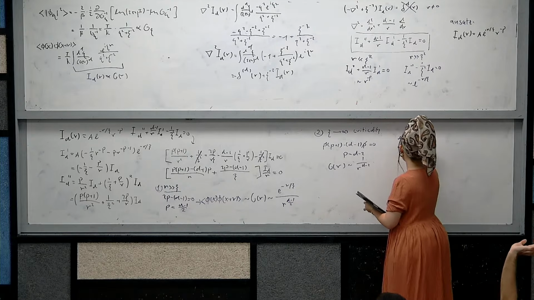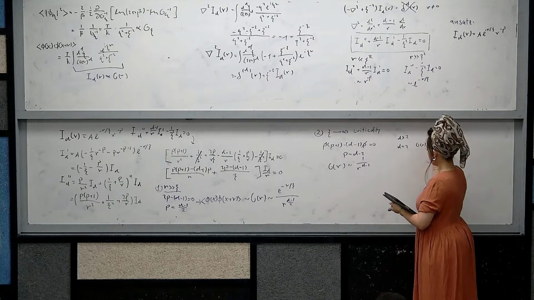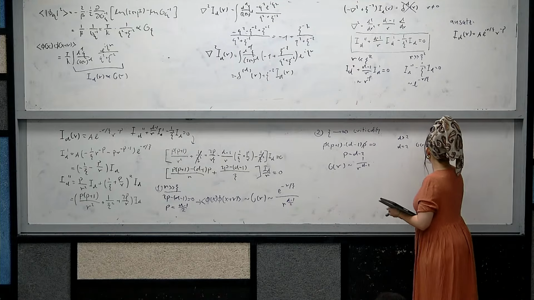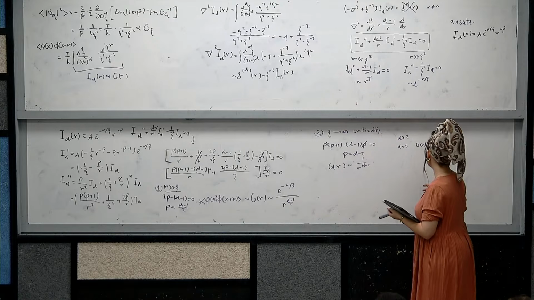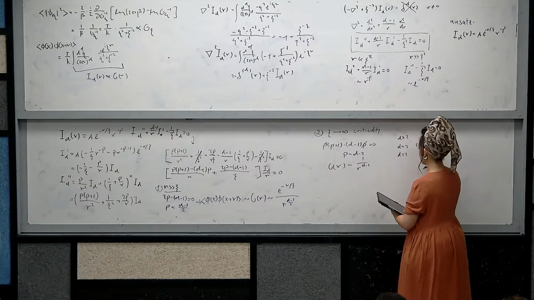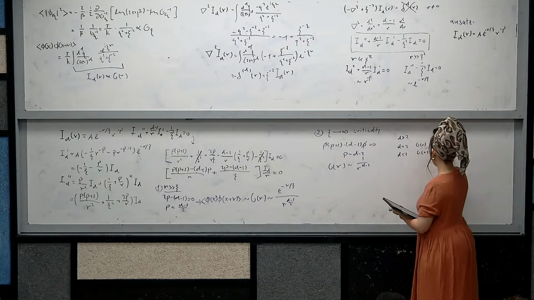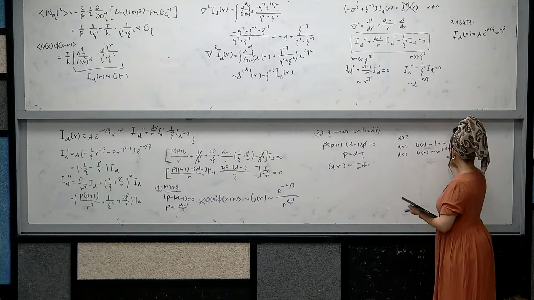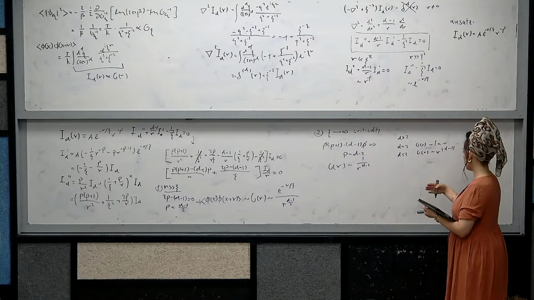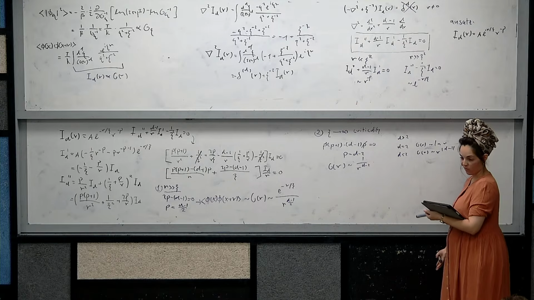When D equals 2, then G of R goes like ln R, which is some divergence, and when D is smaller than 2, then G of R goes like R to the power of the absolute value of D minus 2. So it diverges.